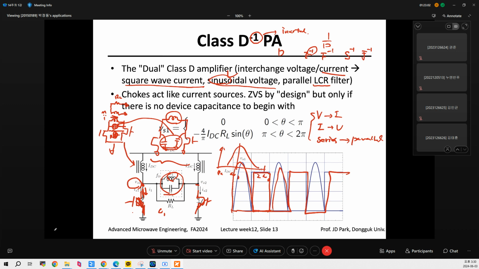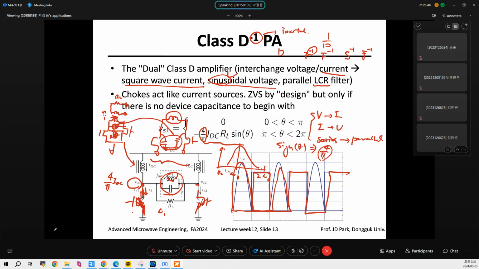And for pi to 2 pi, it becomes 4 divided by pi, which is exactly the same as the rectangular pulse. This is a sine function. The first harmonic is 4 divided by pi, which is this. So that's why you get this.